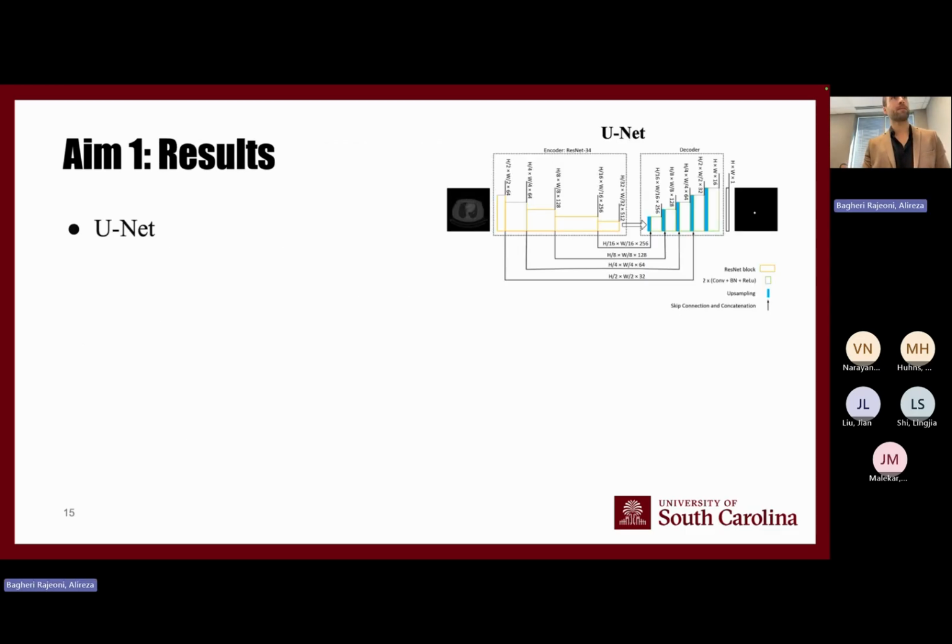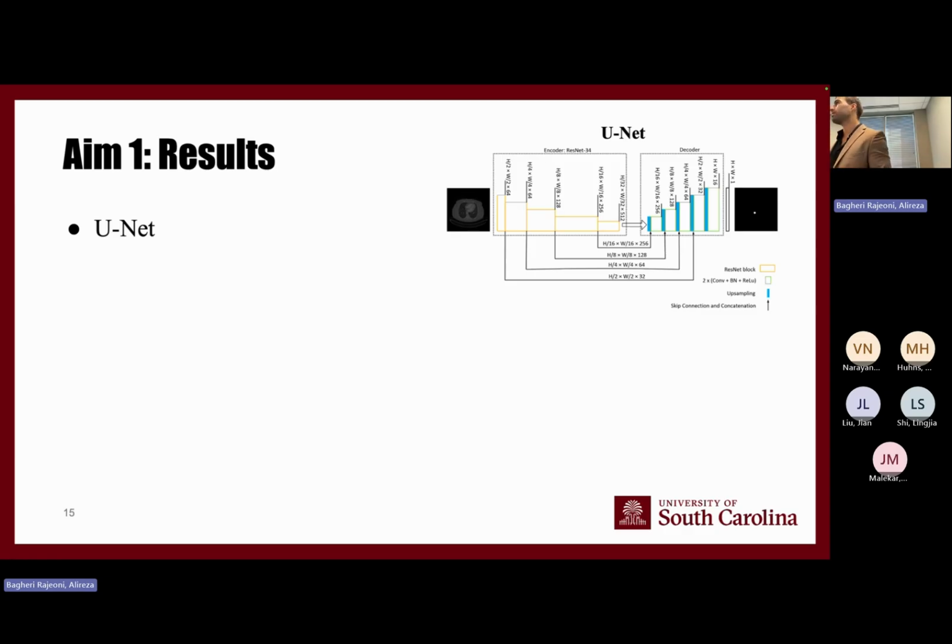The results. So we focus on two machine learning models. First one is UNet. Why UNet? Because it performs very well on a limited data set. And its structure is very well known, but I'm going to go quickly over it. So we have an encoder decoder. For the encoder, we use a pre-trained ResNet34, pre-trained on the ImageNet dataset. Why ResNet34, not higher or lower?